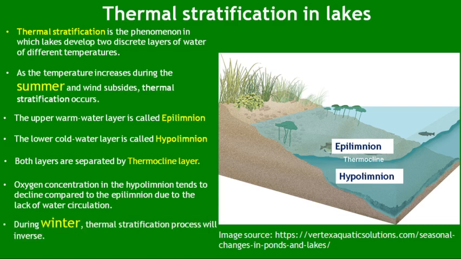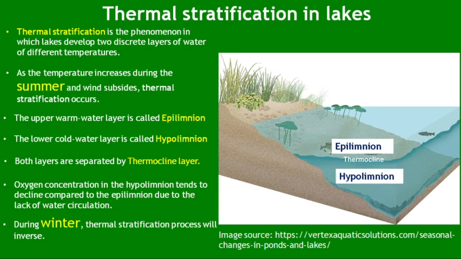But during the winter season, the thermal stratification process will inverse, meaning the upper layer, the epilimnion layer, will be cold, meaning the temperature of this layer will be low compared to the hypolimnion layer's temperature, because during winter season the air is cool compared to the water temperature, so it will also decrease the temperature of water that is in direct contact with air.